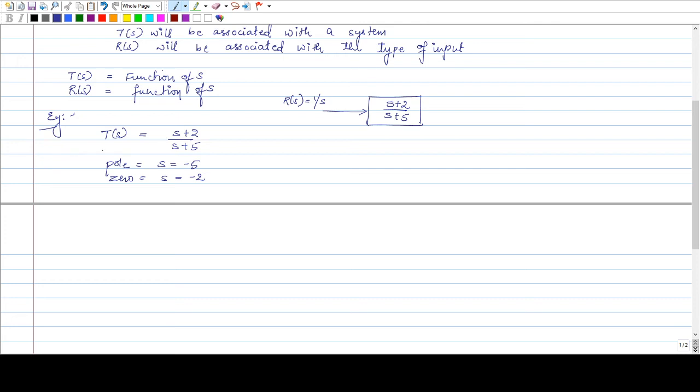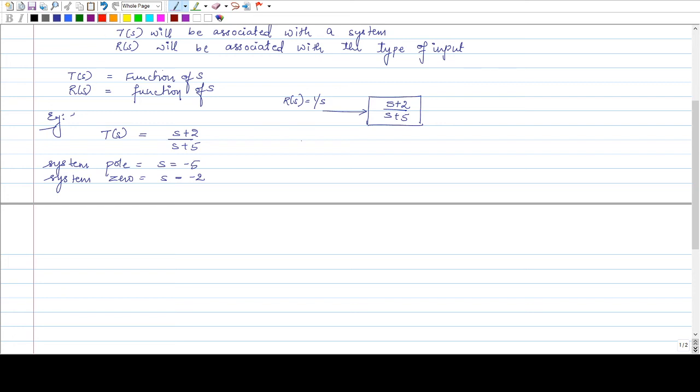Now, this is not the complete response pole and zero. They are simply the system pole and zero. The pole and zero associated with T of S are called the system pole and system zero respectively.